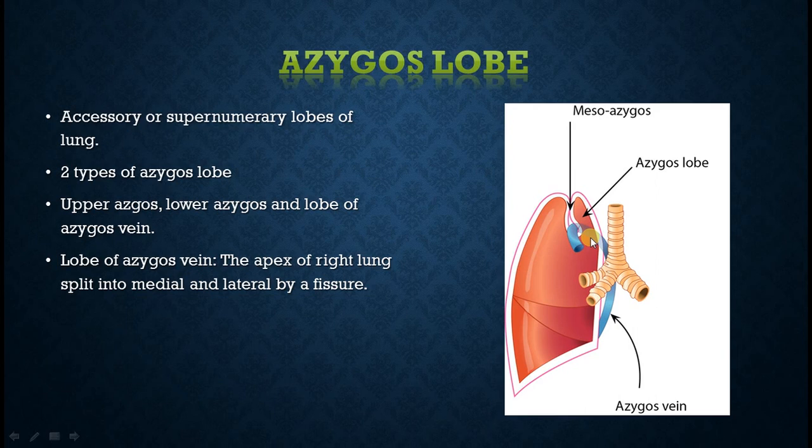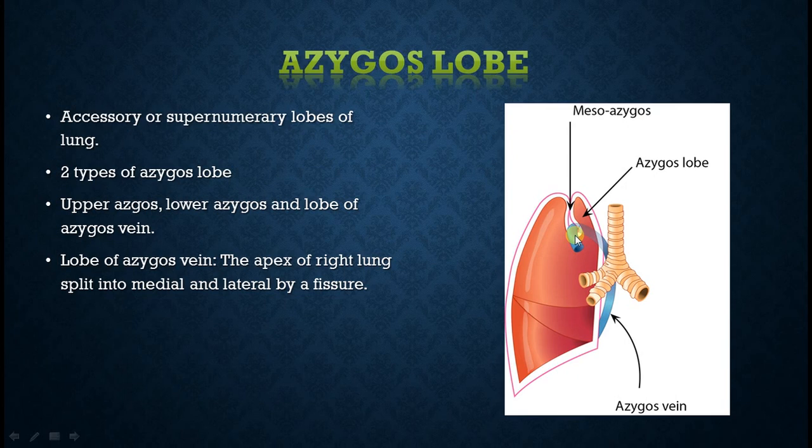Now why this lobe of Azygos vein gains importance is because in your radiographs, if this lobe of Azygos vein is present, it will show a dense pea-sized shadow on the apex of the lung, because the remaining part will be black. You should not mistake it for any carcinoma or any pathology of the lung.